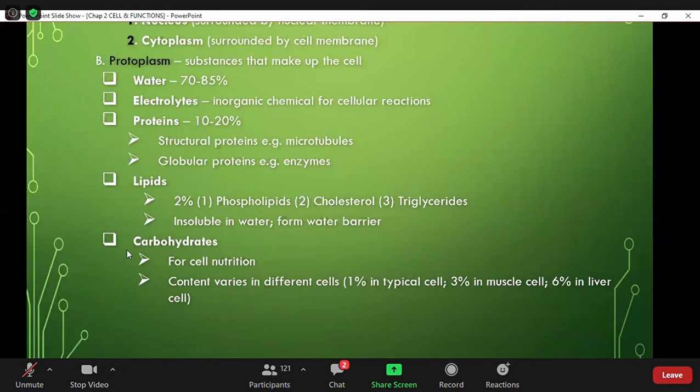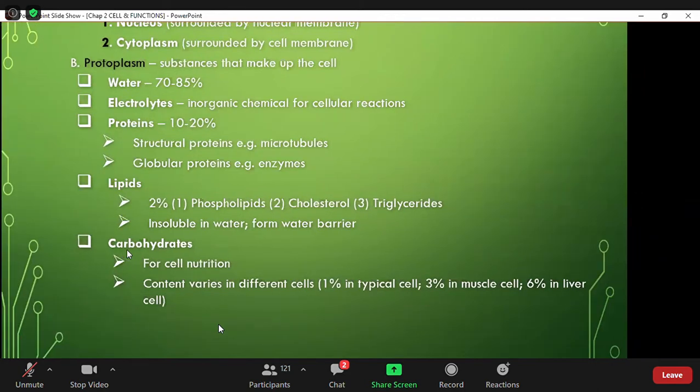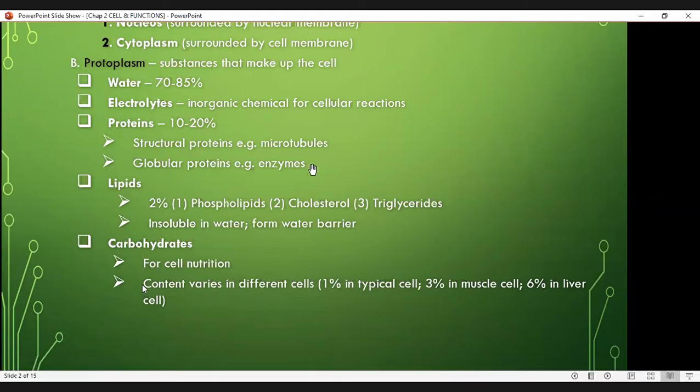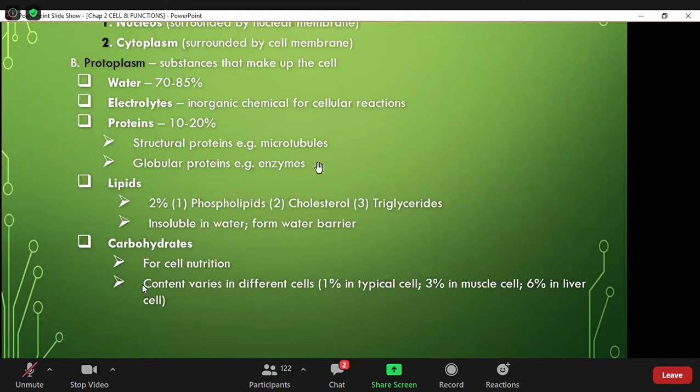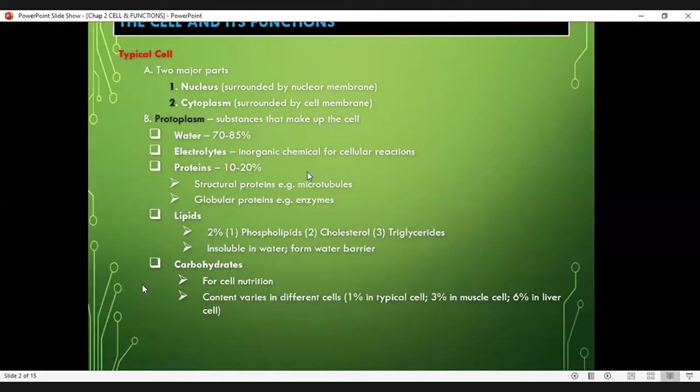Protein can either be structural proteins such as your microtubules or globular proteins. The globular proteins are the enzymes, and they are mobile. These globular proteins flow through the blood. That's why they can act on any part.